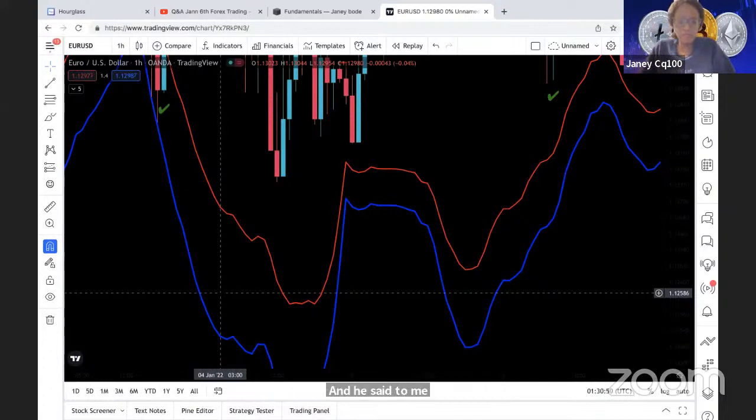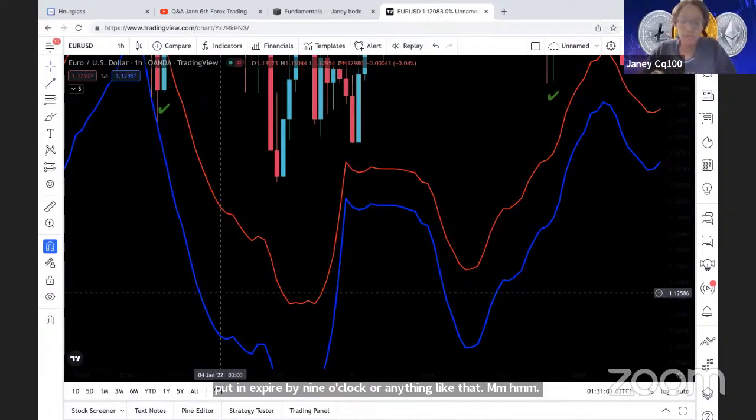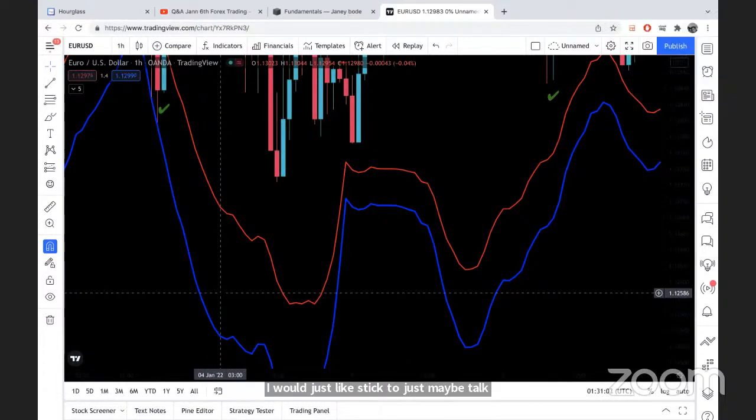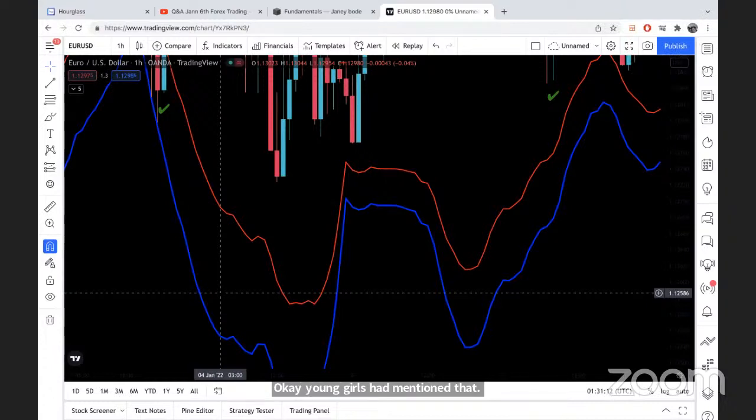He didn't put expire by 9 o'clock or anything like that. So I would stick to just maybe 2 or 3 traders, and once you start to understand it, learn one. Once you learn, jump into the other strategies. Okay, yeah, and Rose had mentioned that. I just saw this one, and since we already do, I figured let me ask you.